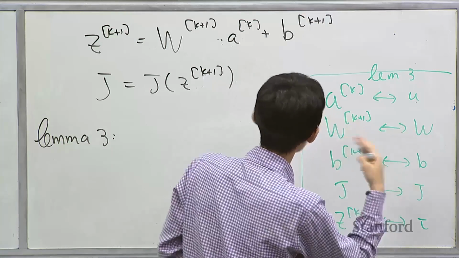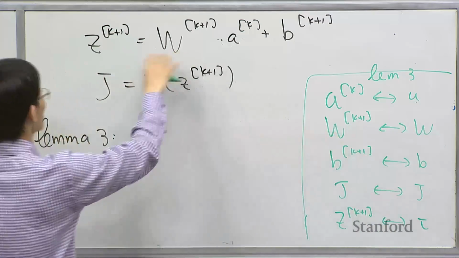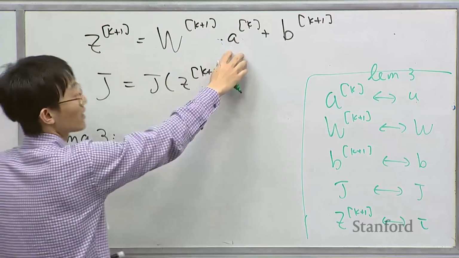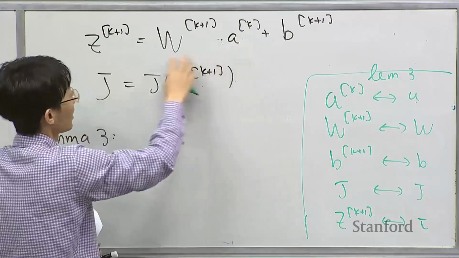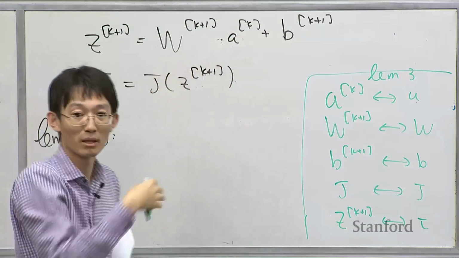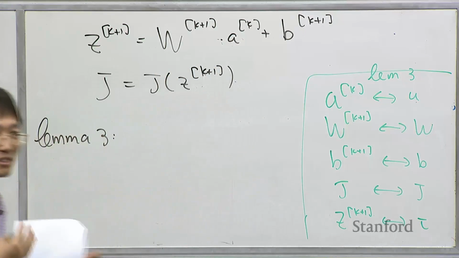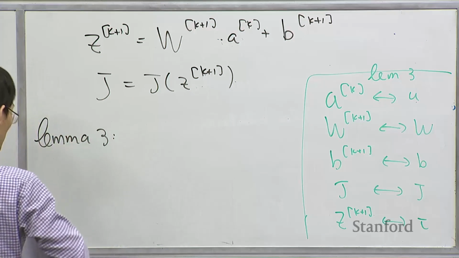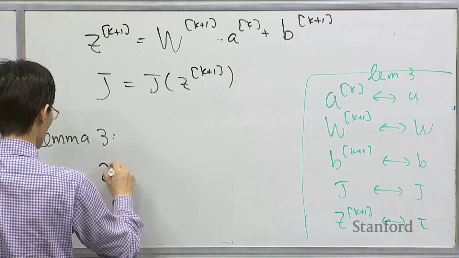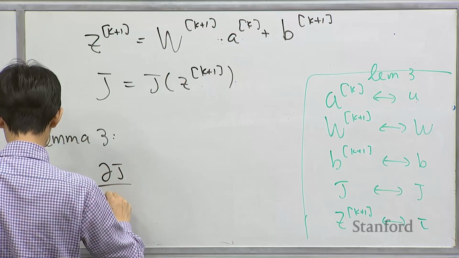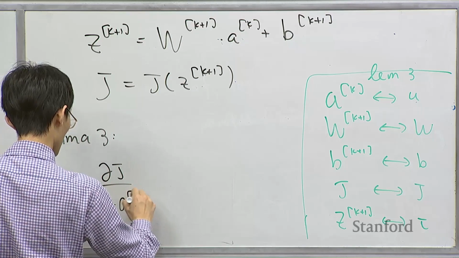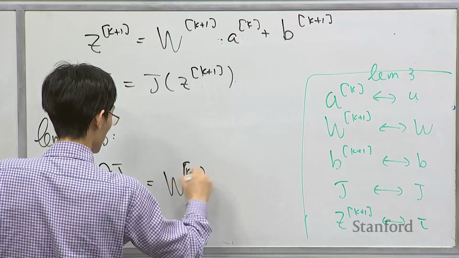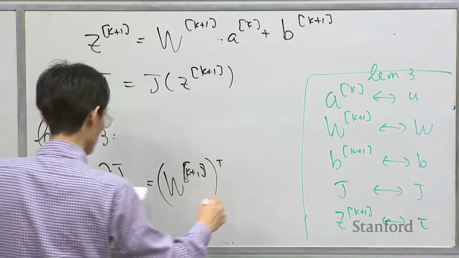Probably the right way to think about it is in terms of the roles: ZK plus 1 is the output of the matrix multiplication, AK is the input to the matrix multiplication, and WK plus 1 is the matrix in the multiplication. That's how you easily map the roles. And then you get this thing is equal to WK plus 1 transpose.